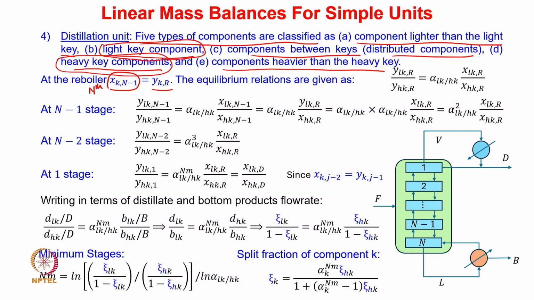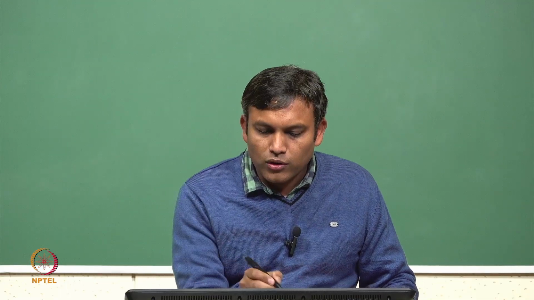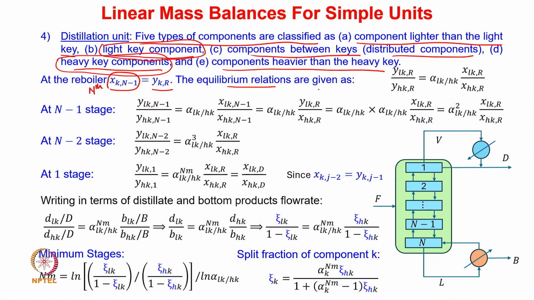So xk n minus 1 is same as ykr. So mole fraction of the liquid coming in the nth stage and the mole fraction of the vapor going out from the nth stage, both are taken same. So in this case the equilibrium relations we are using are the same relative volatility equation.